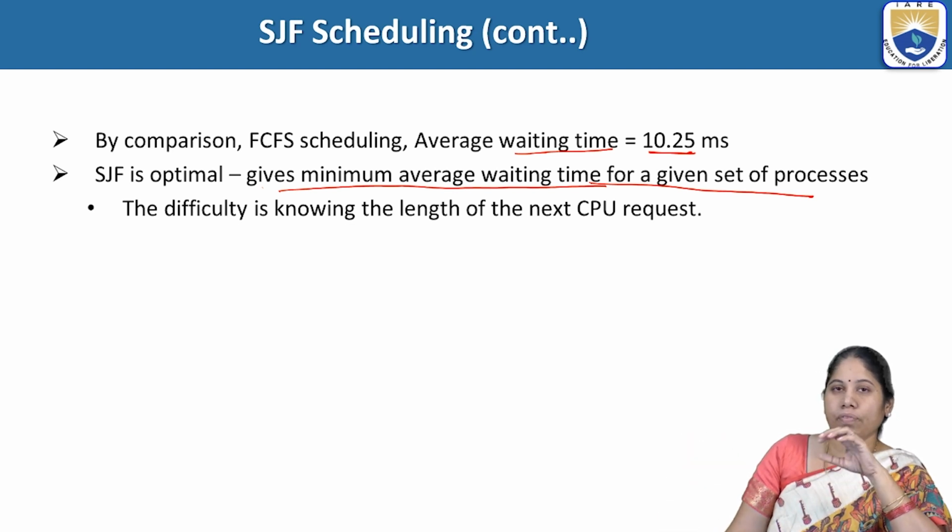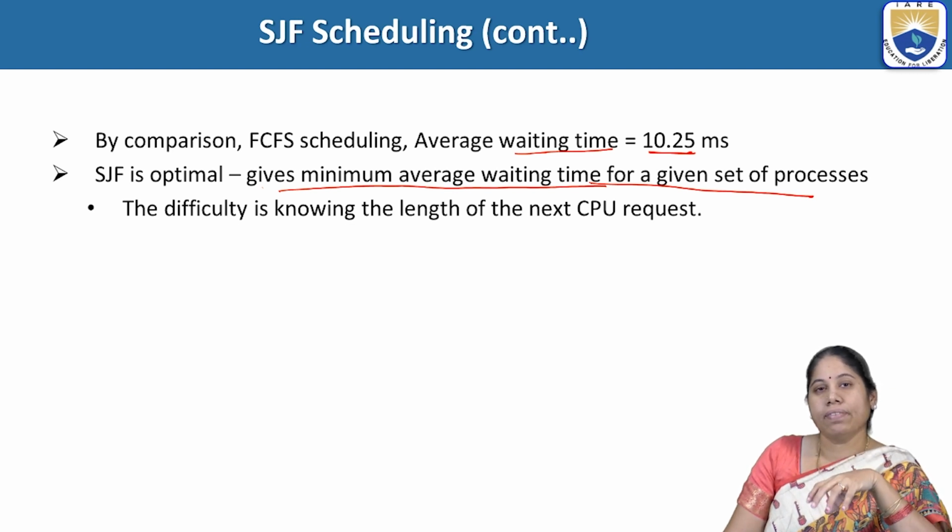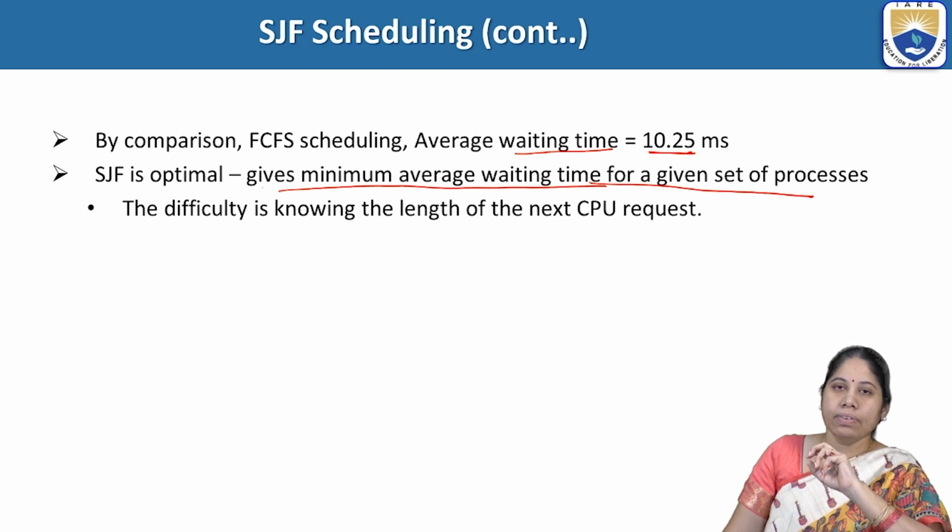At that time we come to know how much time the CPU requires for the job. In those scenarios, the SJF scheduling algorithm is the best algorithm and it will give optimal results, in the sense that it will give the minimum average waiting time to the processes.